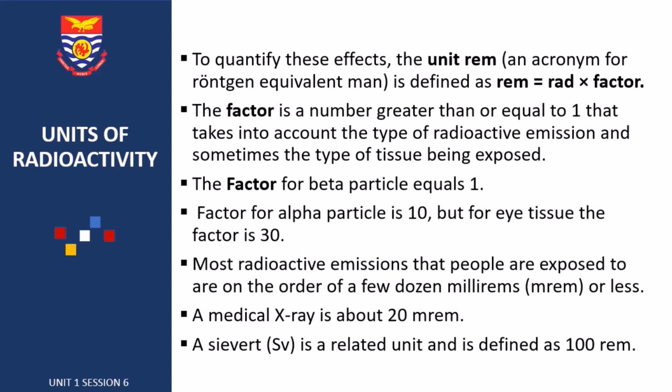To quantify the effect of these radioactive emissions on humans, we use the unit REM, which is an acronym for Röntgen Equivalent Man. It is defined as rad times factor. The factor is a number greater than or equal to 1 that takes into account the type of radioactive emission that the tissue has come into contact with and the kind of tissue that has come into contact with the radioactive emission.